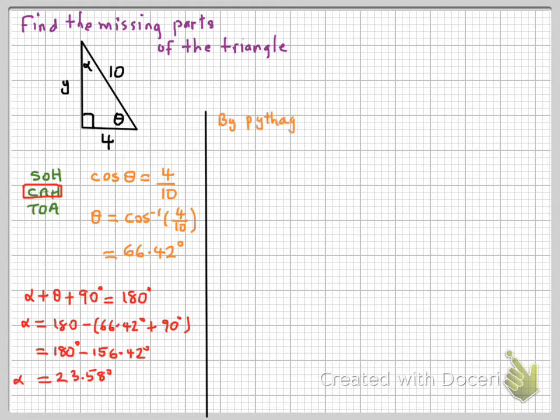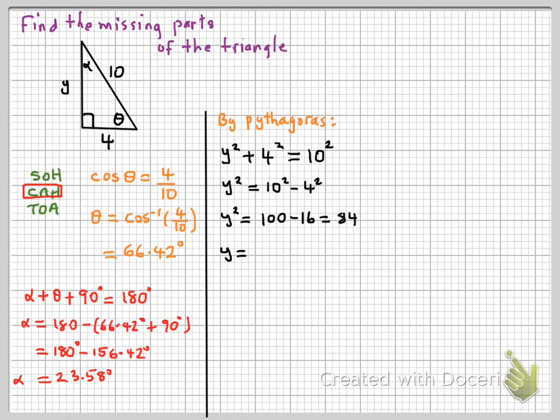Now to the sides. By Pythagoras, since we know the hypotenuse, and we know one of the sides as 4, we can use Pythagoras' formula as y squared plus 4 squared equals 10 squared. That says that the square of the hypotenuse is equal to the sum of the squares of the two other sides in the triangle, and we can then solve for y by rearranging the formula, and y will be the square root of 84.